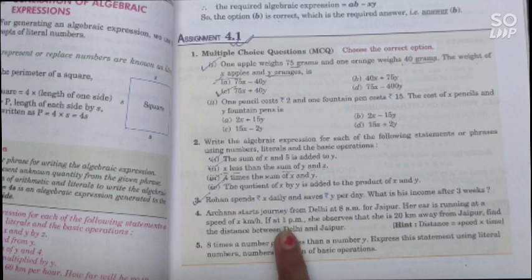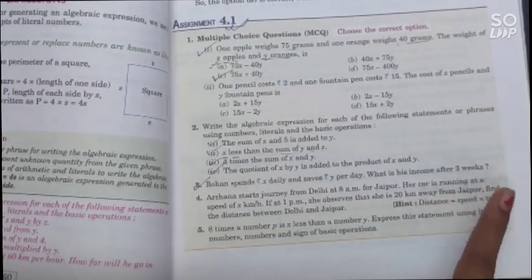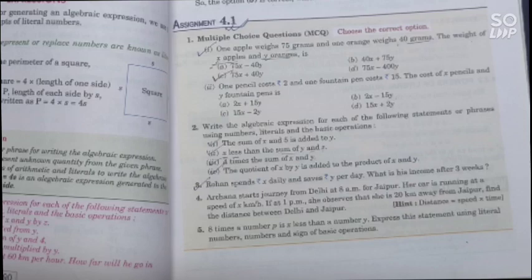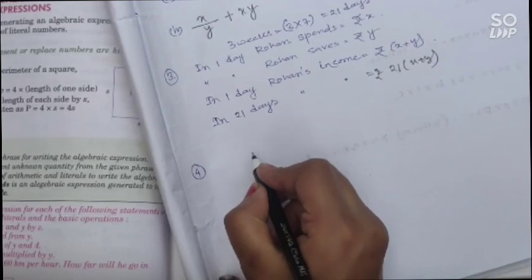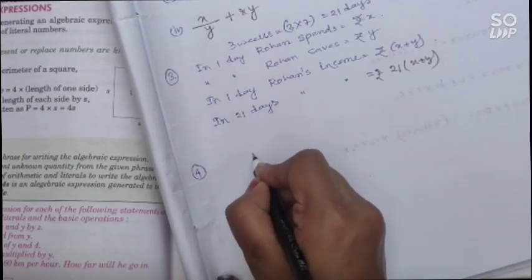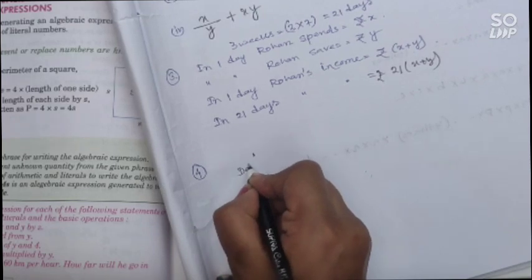If at 1 PM she observed that she is 20 kilometer away from Jaipur, find the distance between Delhi and Jaipur. Okay. Look here. Suppose she will start her journey from here. This is Delhi.